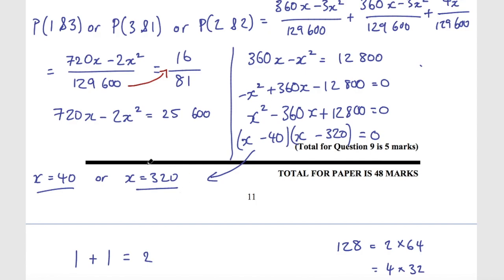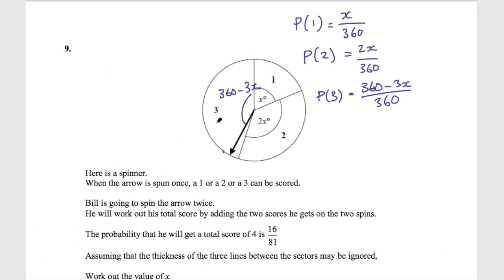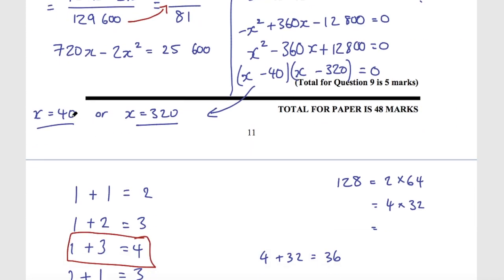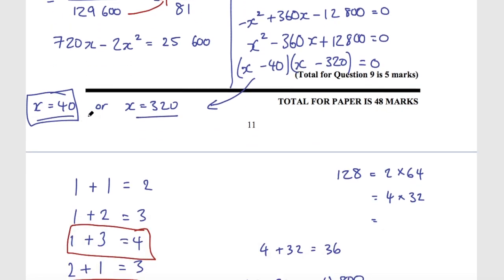So if x equaled 320, what would this angle be? This would be 2 times 320, which would be 640. That angle clearly can't be 640. It has to be less than 360. So the only reasonable answer for x is x equals 40 for this question. So that's my final answer here, and I guess that's in degrees, so x equals 40 degrees.